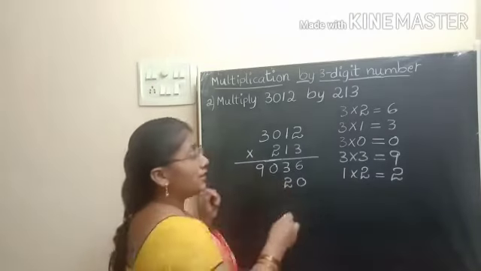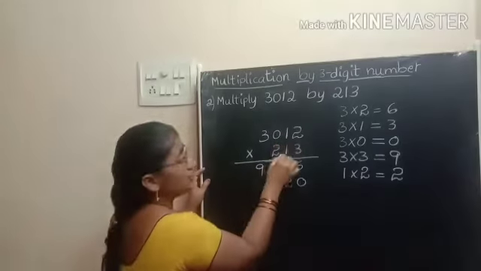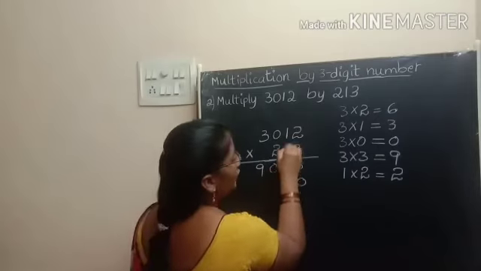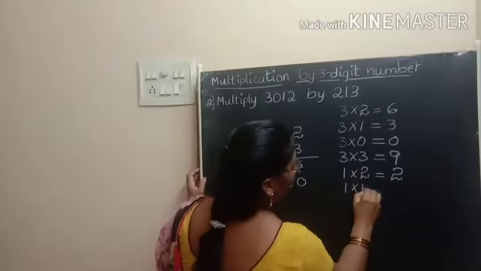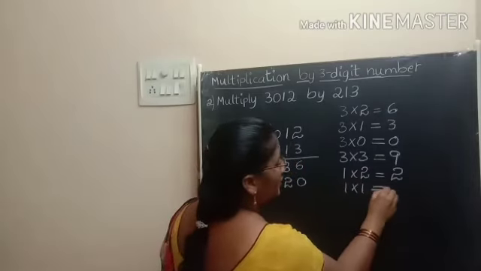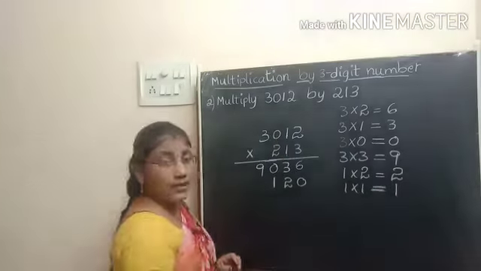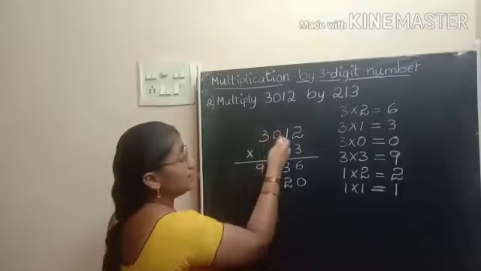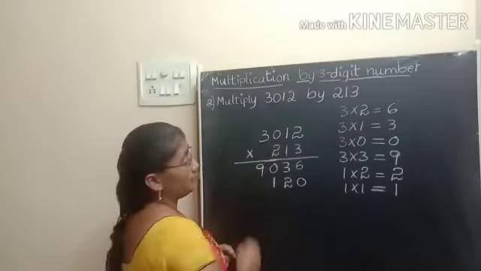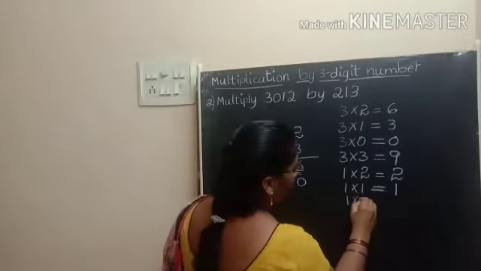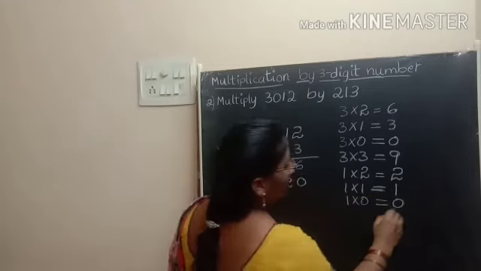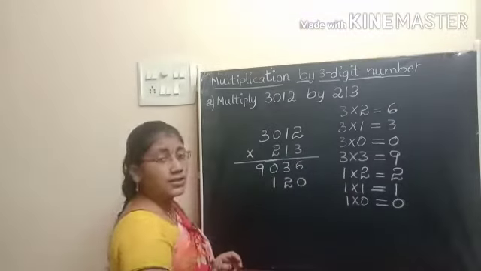Next we have to multiply the digit in tens place with 1. So 1 into 1. How much is it? 1 only. So write it here. Next we have to multiply the digit in hundreds place with 1. So take 1 into 0. By multiplying with 0 we get 0 only.